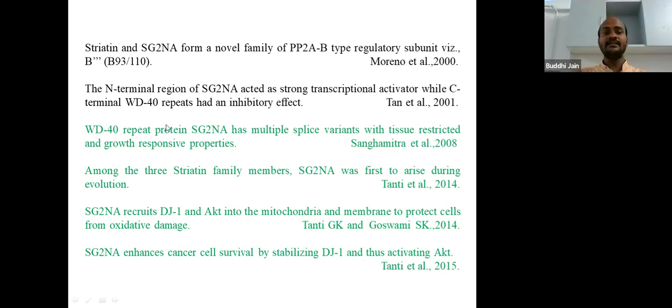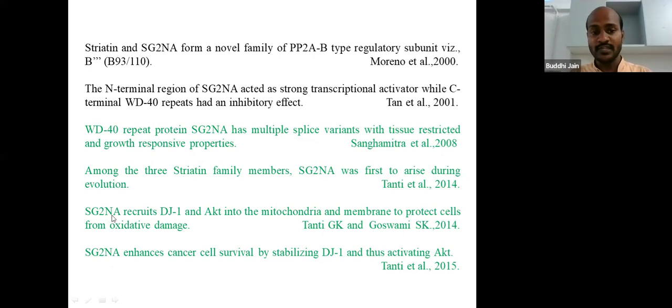In our earlier studies, we have established that this SG2NA protein undergoes alternative splicing at exon 7 to 9 and generates multiple splice variants which have tissue restricted expression and growth responsive properties. Also, among the 3 members of this striatin family, SG2NA was the first to arise during evolution.